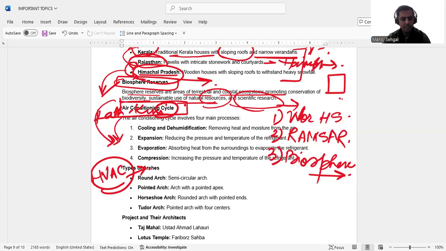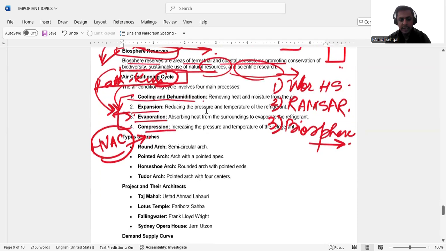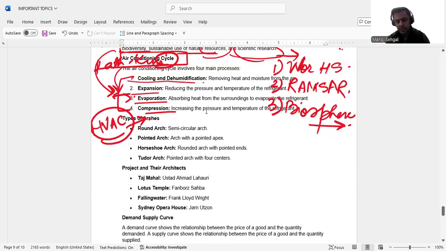So it is very important to learn about cooling and dehumidification, the expansion, evaporation, and compression of the overall working of the air conditioning system. This kind of topic holds a very specific importance in the overall idea of human comfort or thermal comfort from the perspective of GATE architecture and planning exam.